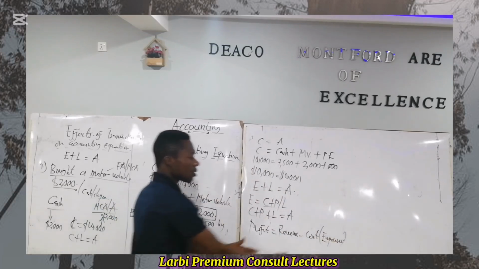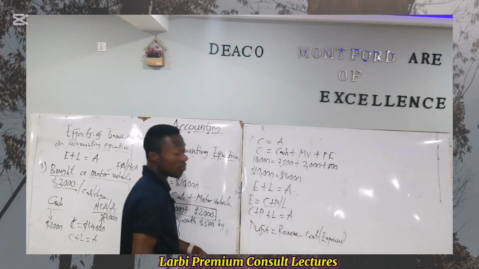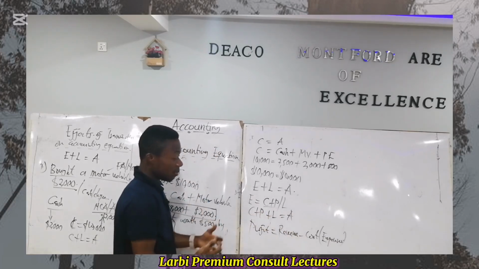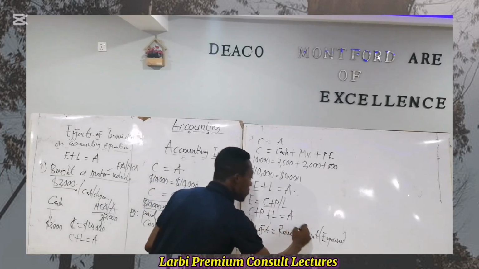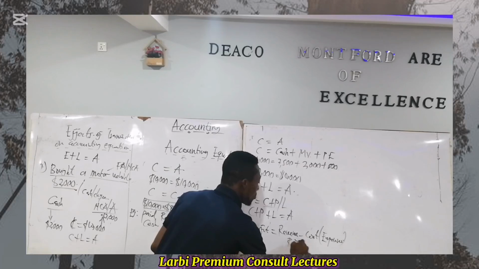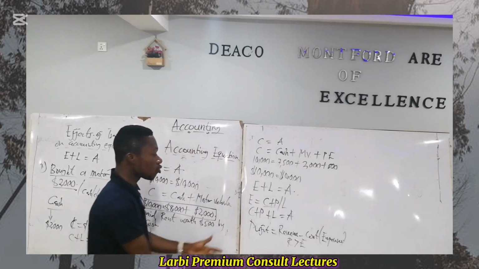When we deduct all our expenses, the amount incurred in running the business, from the revenue generated, that should give us the profit. So we expect that our revenue should be greater than our expenses, and that should give us the profit.